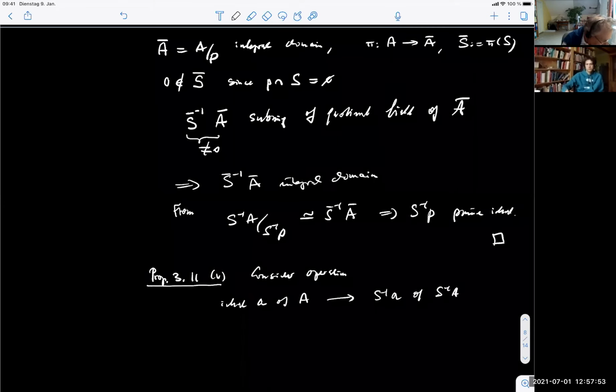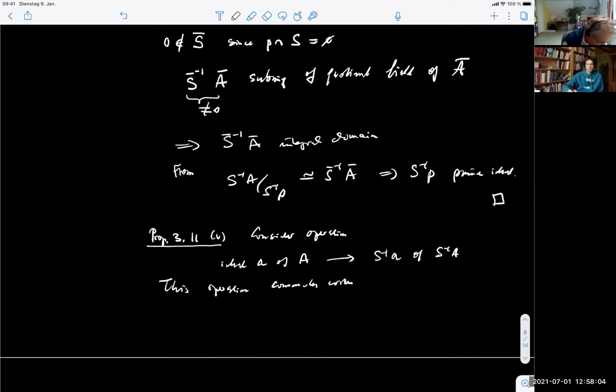This operation commutes with the following things: finite sums. You may take a sum of two ideals, then localize, or you can first localize and then take the sum. It's the same.